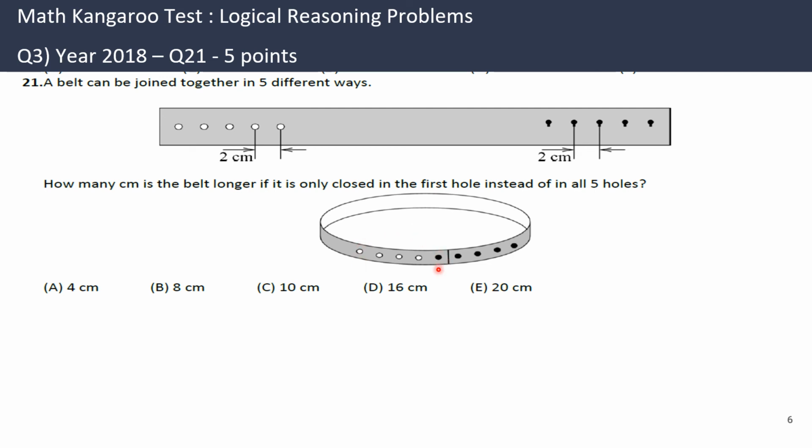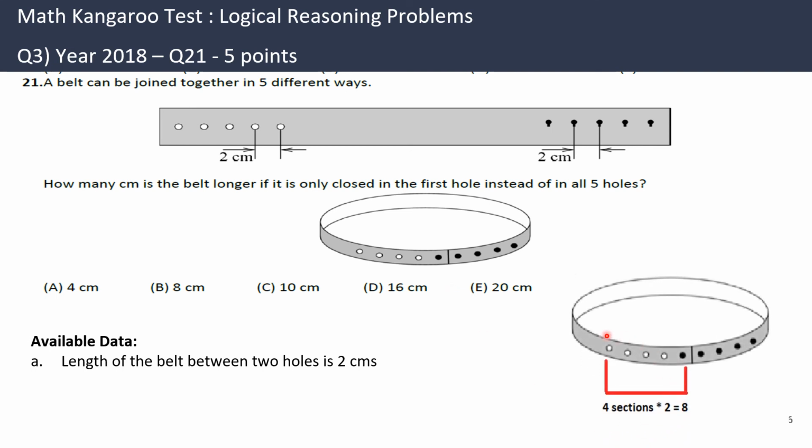So how much longer the belt has gone is determined by the position change compared to when the hook was put in the 5th hole, which means the belt has gone longer from here till here. That's the diagrammatic representation here. That's how the belt has become longer by putting the hook in the first hole.